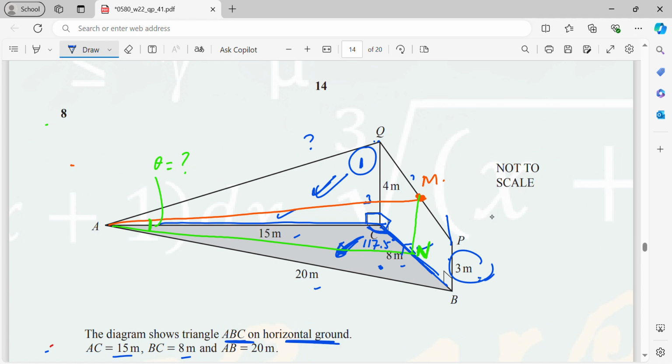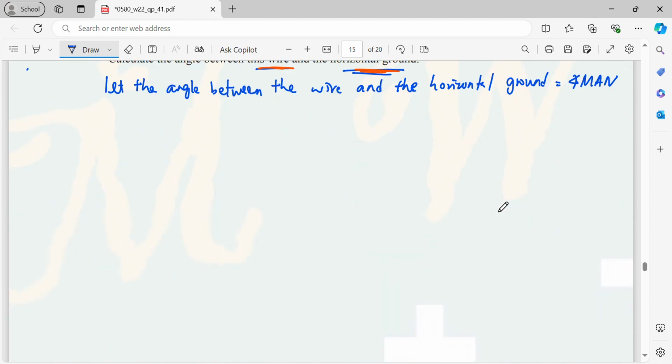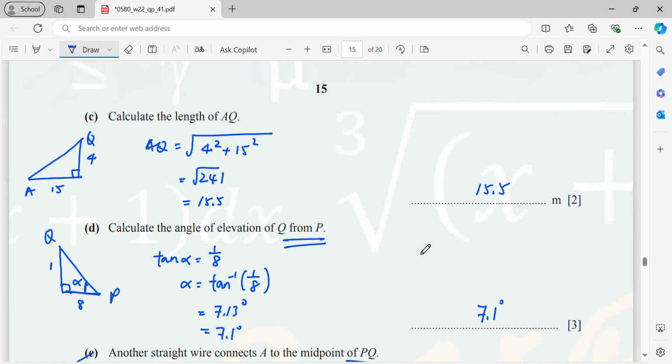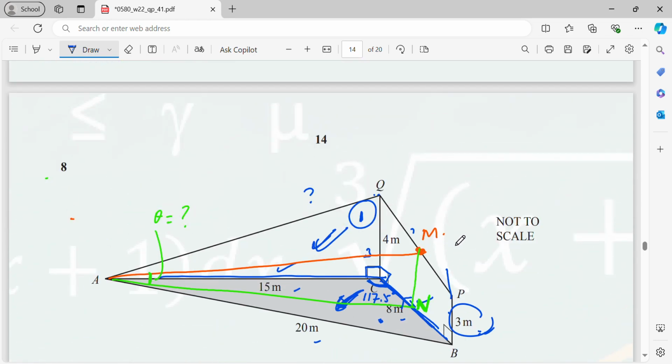And I let my N be the midpoint of BC, because the N is initially not there, so I added it myself. N is the midpoint of BC. Now you refer to this diagram.